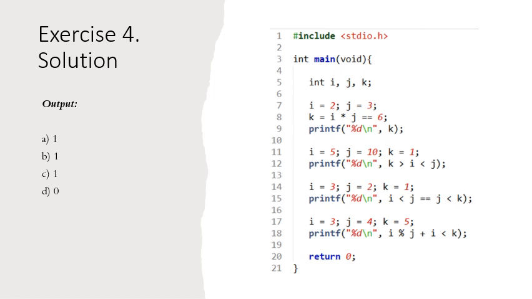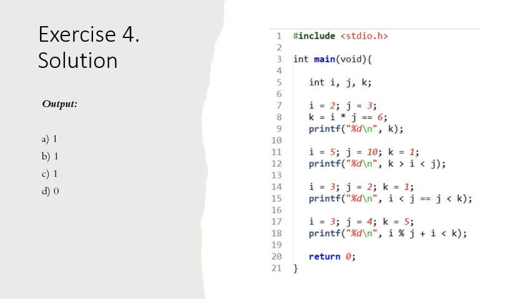For line 7, we set a value of 2 to i and 3 to j. In line 8, the expression is k = i * j == 6. Which one has a higher precedence? As we have discussed earlier, arithmetic operators have higher precedence than equality operators. So we evaluate i * j first, which is 6.